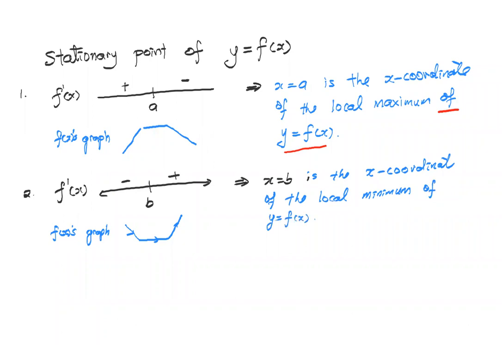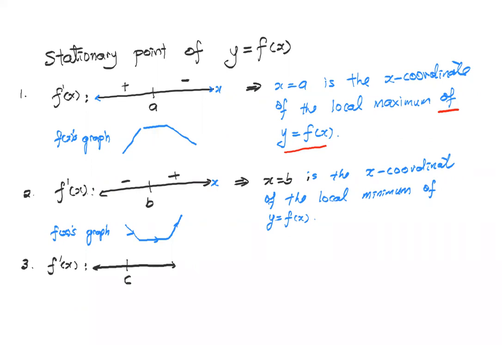The arrow on the sign diagram is to tell you that there is no limit for x. That's it. This is just a symbol. Third situation. If my f prime x sign diagram, usually you should put a double dot. There are two situations.